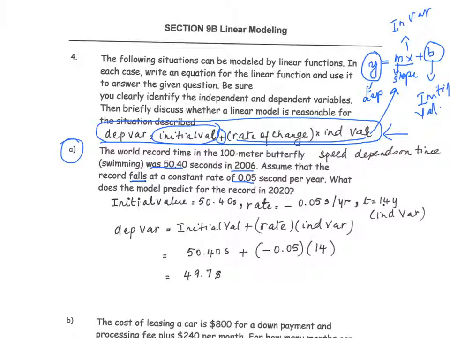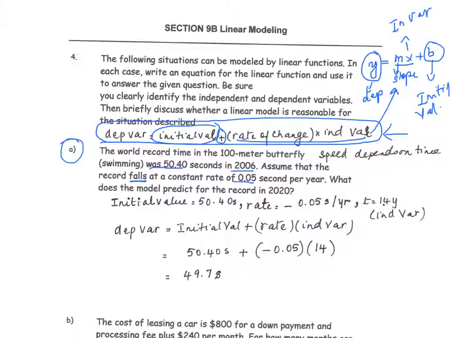So as time increases, the completion time for a 100-meter butterfly is decreasing, even if it's very slightly.